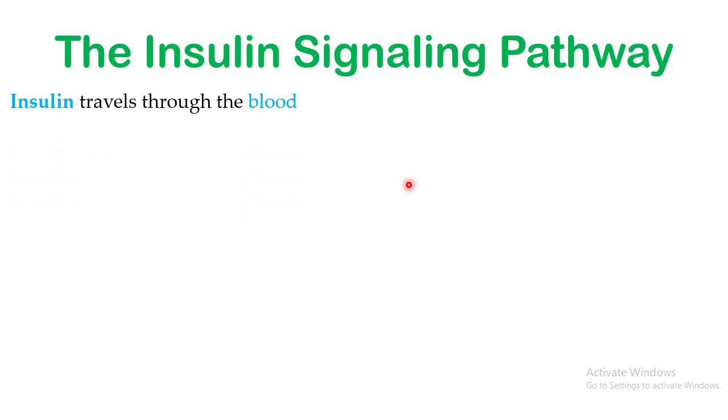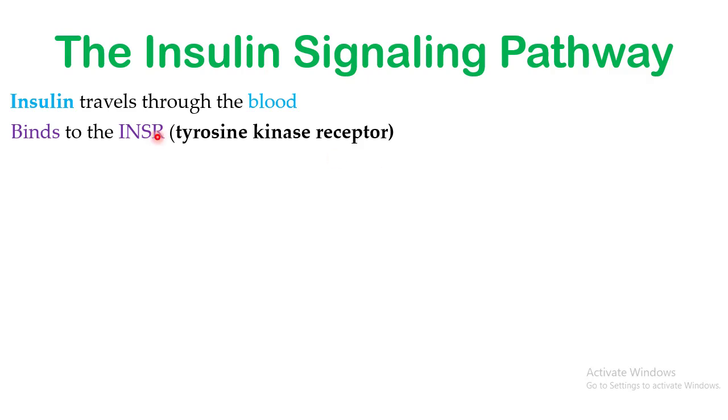Now, when the insulin is produced, it travels through the blood, so it is using blood as a medium, and when it travels through the blood, it is going to bind to the insulin receptor present on the target cell. Now, the insulin receptor, if you remember, I told you is a tyrosine kinase receptor.